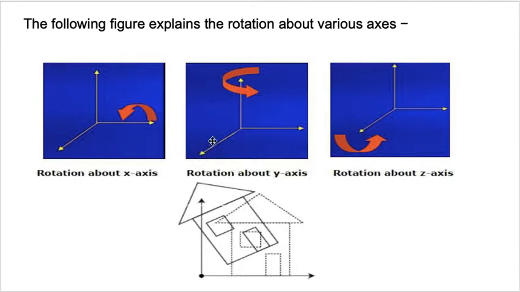The following figure explains the rotation about the various axes: rotation about the x axis, rotation about the y axis, and rotation about the z axis. It might be like this or it might be like this. So we can see here this is the proper image object, and we can rotate it about an axis, this is the y axis, or we can say this would be the x axis of rotation.